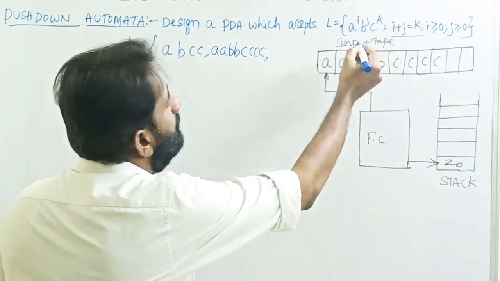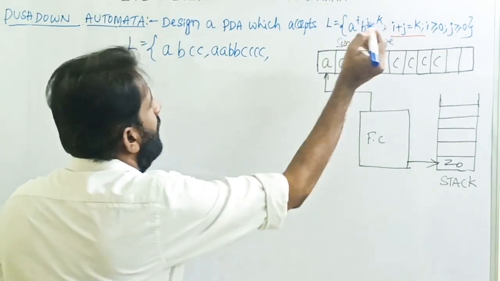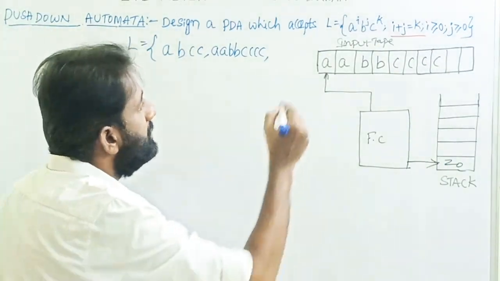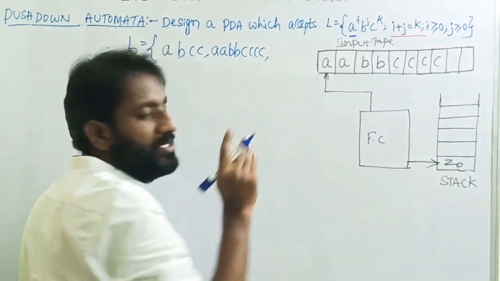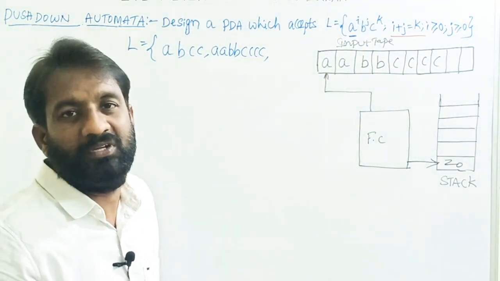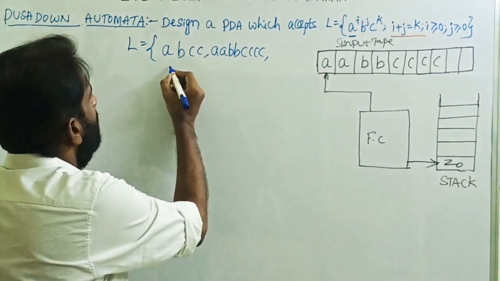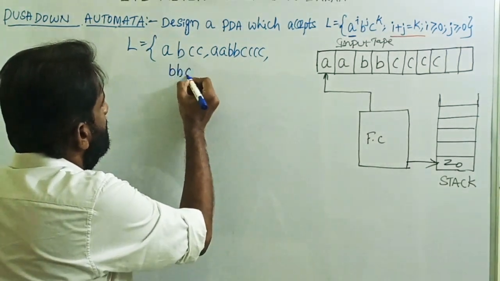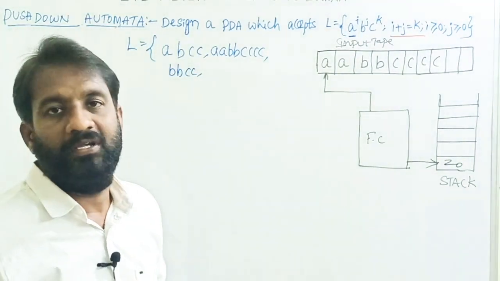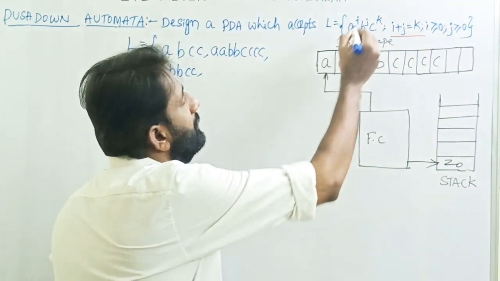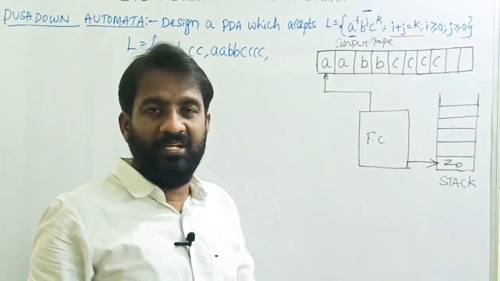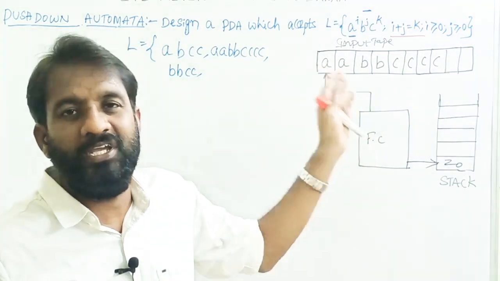So for example, there is i equals 0. i equals 0 means there are no a's at all in the string, only b's and c's. So let's assume j equals 2. So the string has double b, double c only. Then for example, assume that j equals 0, meaning that there are no b's in the string, only a's and c's.